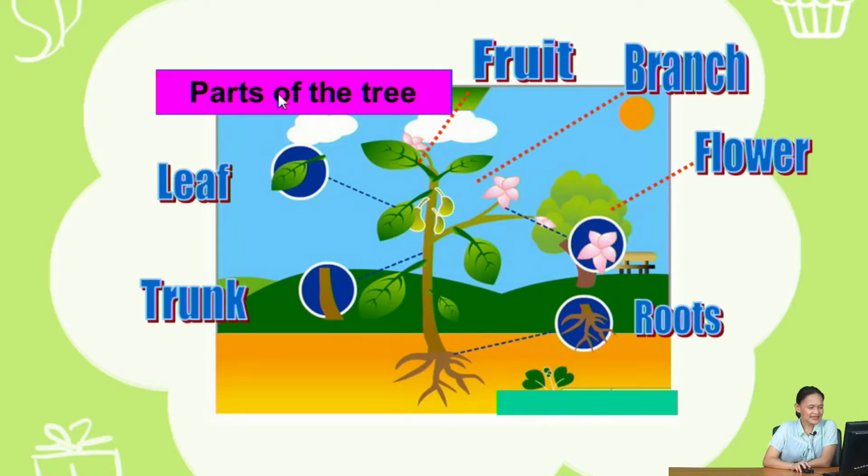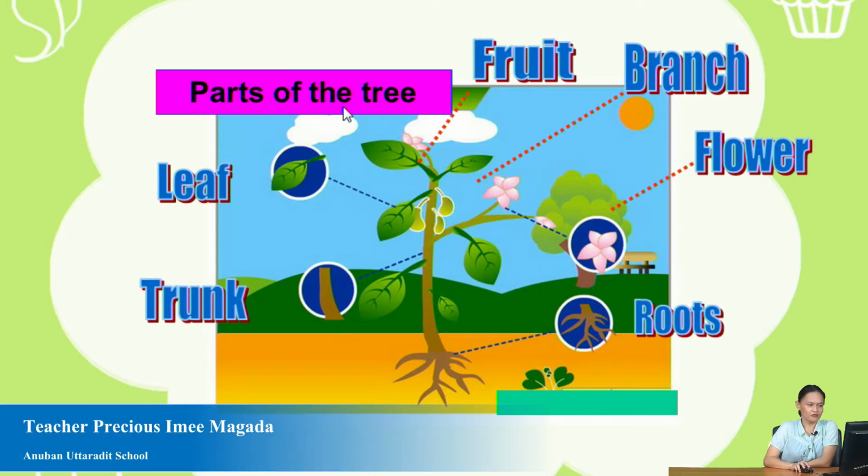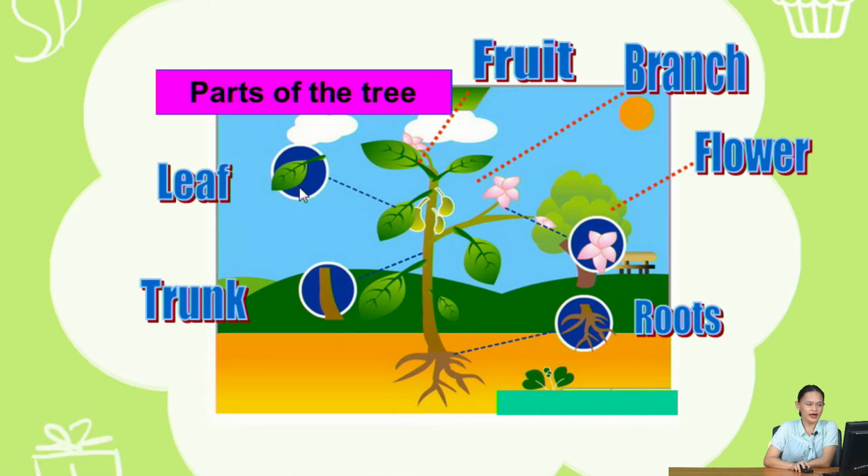So it says here, parts of the tree. So the first one, this is called a leaf.